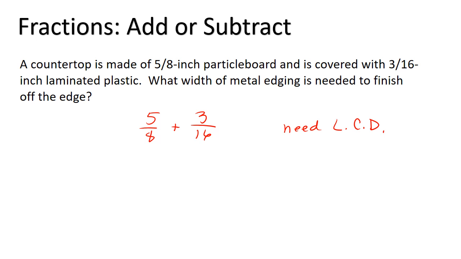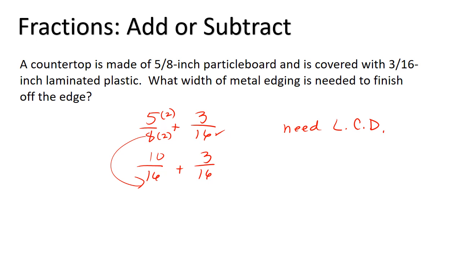But here I notice that 16 is a multiple of 8. So I could just convert the first fraction into 16ths, keeping the second fraction as it is. Now, to convert that first fraction, I would have to multiply both the denominator and the numerator by 2. 8 times 2 on the bottom would give me the required 16, and 5 times 2 on the top would be 10.